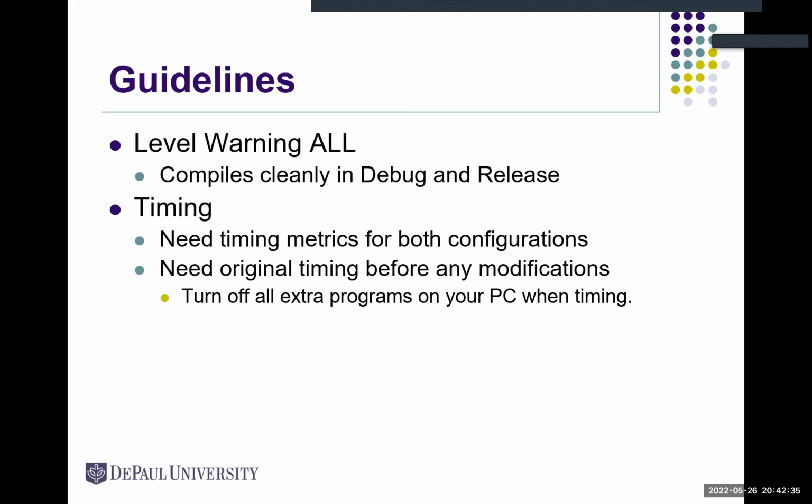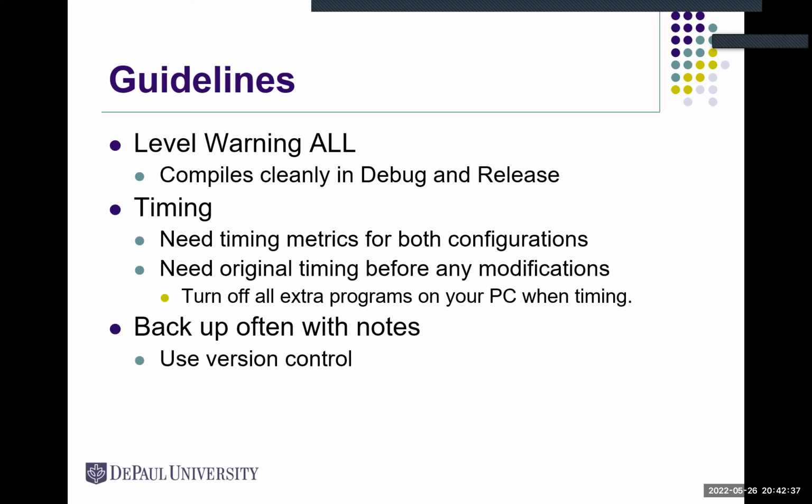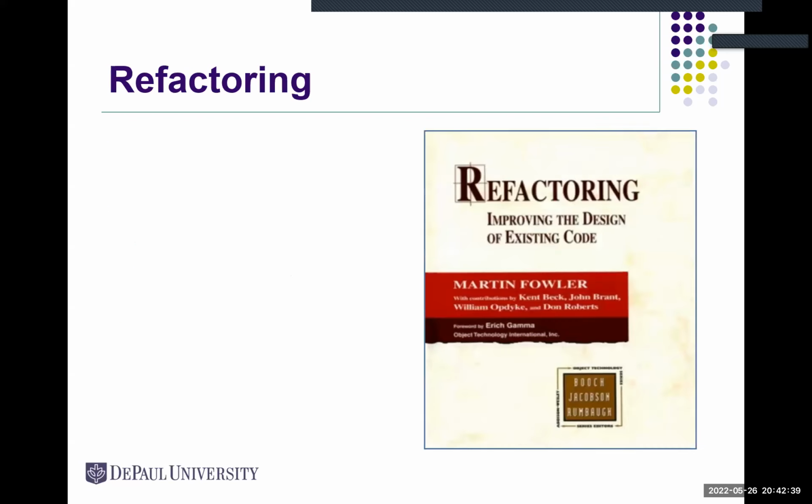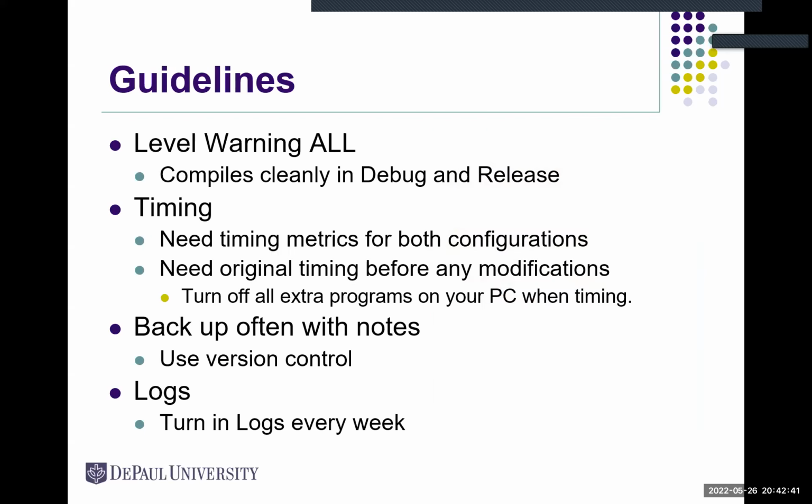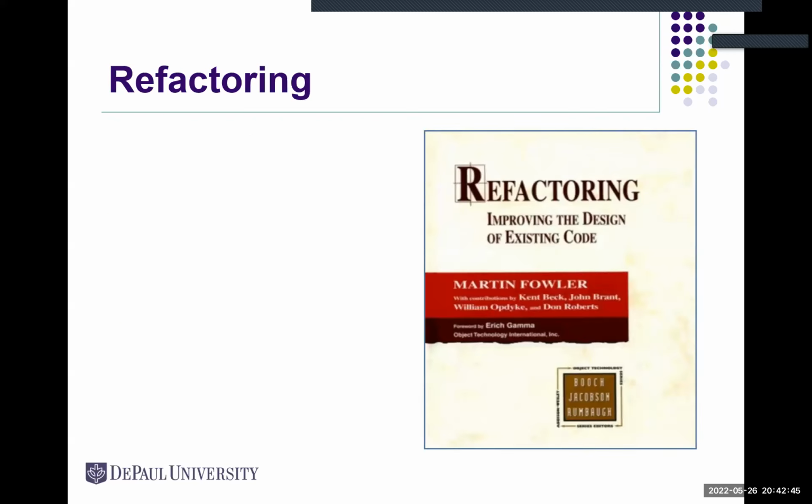All right, so that's kind of the general thing here. This segues into the concept of refactoring, a term you hear a lot. Martin Fowler was one of the cornerstones in software engineering. He basically formalized the word refactoring.